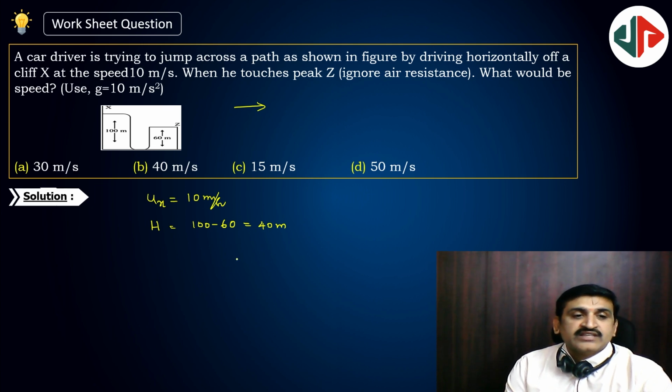That means see, by the time of landing he is going to have a vertical directional speed as well as horizontal directional speed. That is Vx is equal to ux only. Whatever is there 10, that only will be. And vertical directional speed we have to calculate. That is like a freely falling body. So using that equation we can calculate that, so that you can go for the resultant.